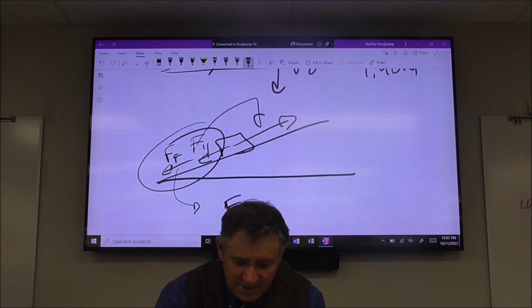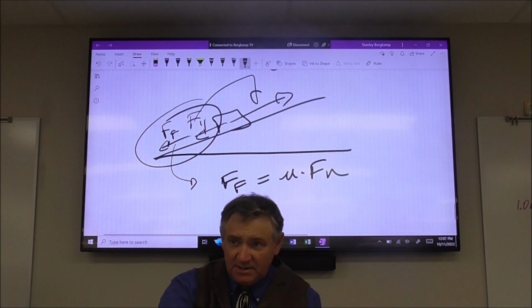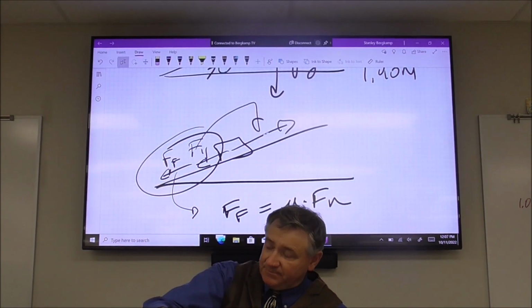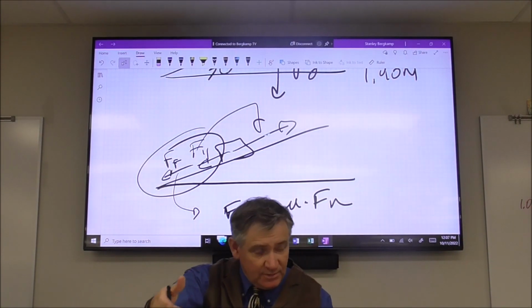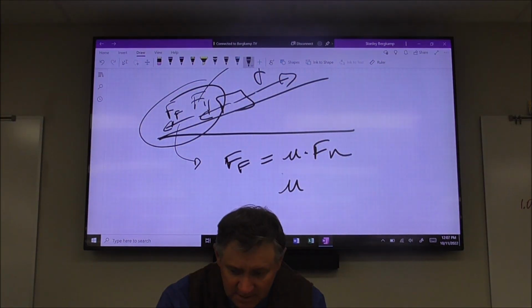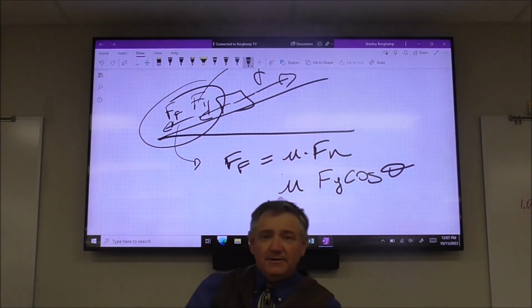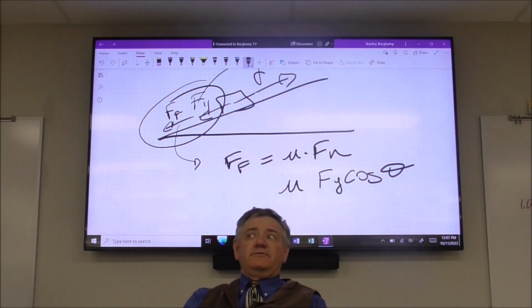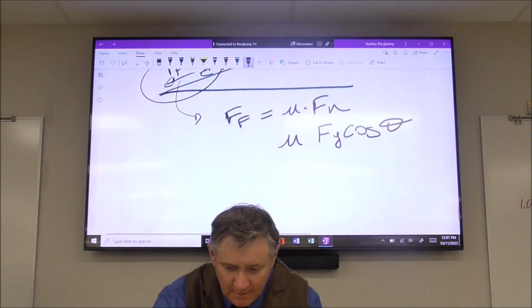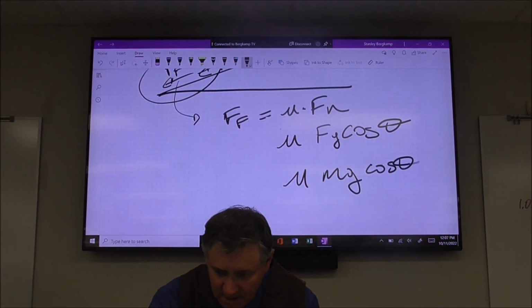That force friction is mu times force normal. Okay, so this is where you're going to have to do a substitution. So your force normal, if you look on your equation sheet, is Fg cosine theta. And then the next question is, how do we calculate Fg? Oh, so that's mu mg cosine theta.